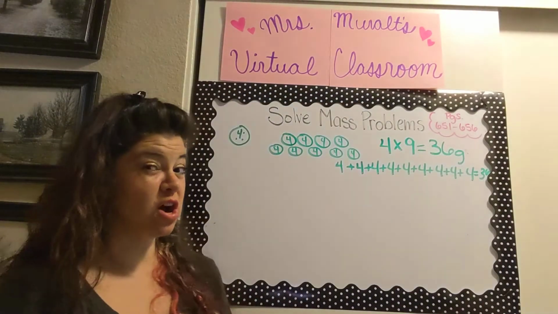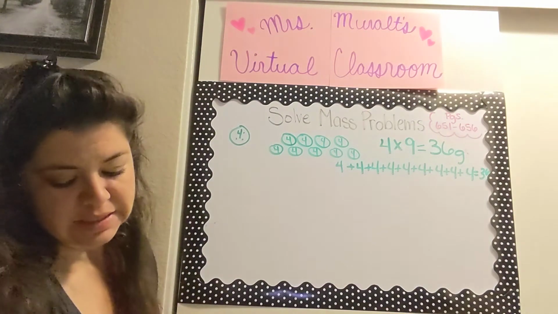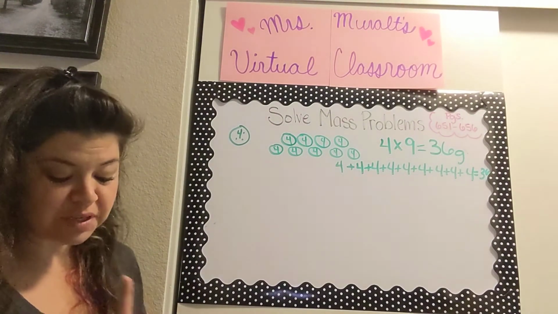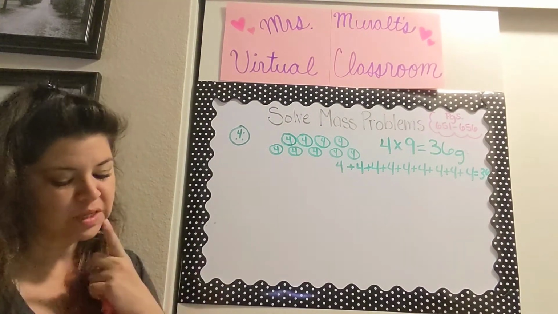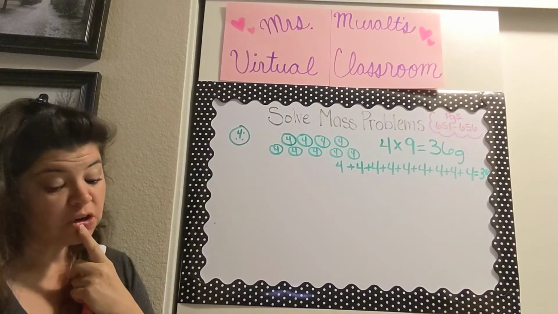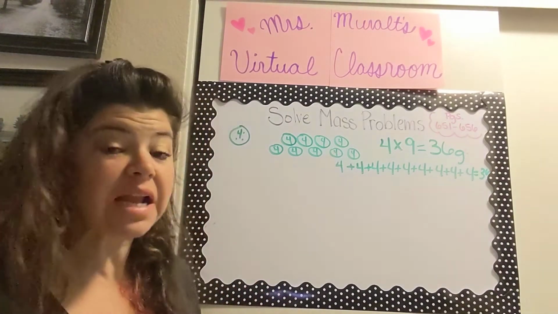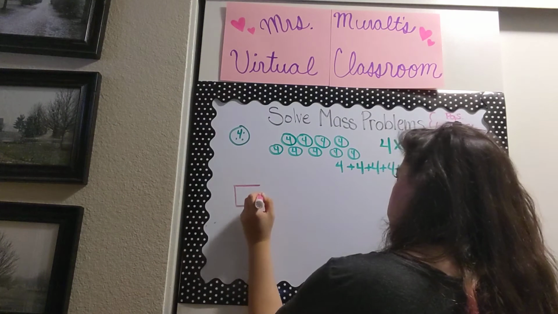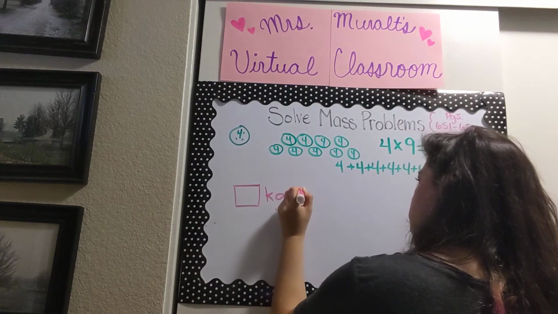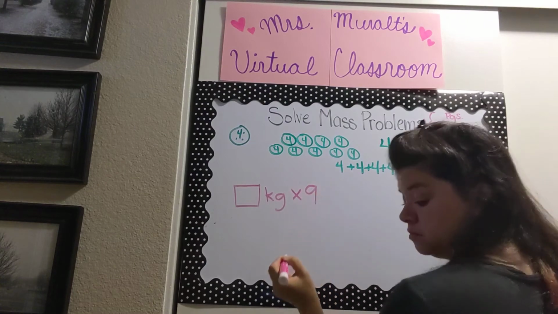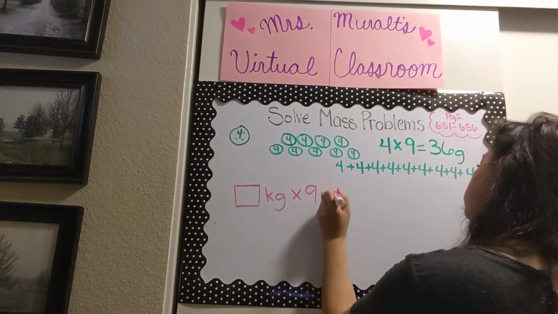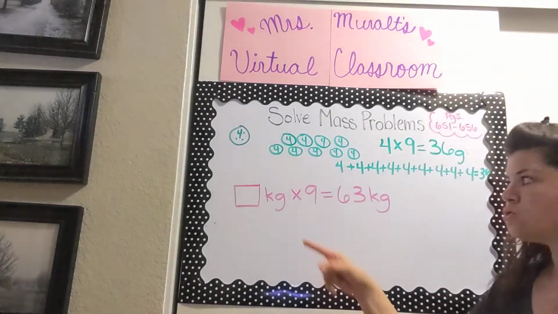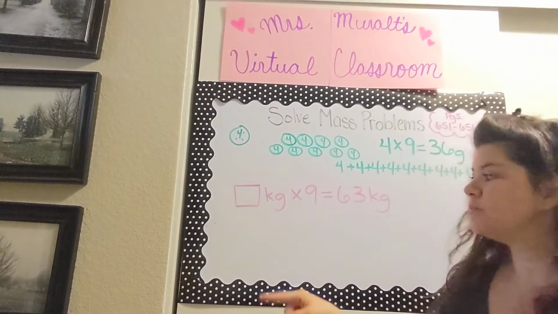Let's jump to a slightly more complicated one. Let's look at the algebra problems on the bottom of 653. It says, we know that blank kilograms times 9 equals 63. Let's write that. So some of you are thinking, how do I solve this?